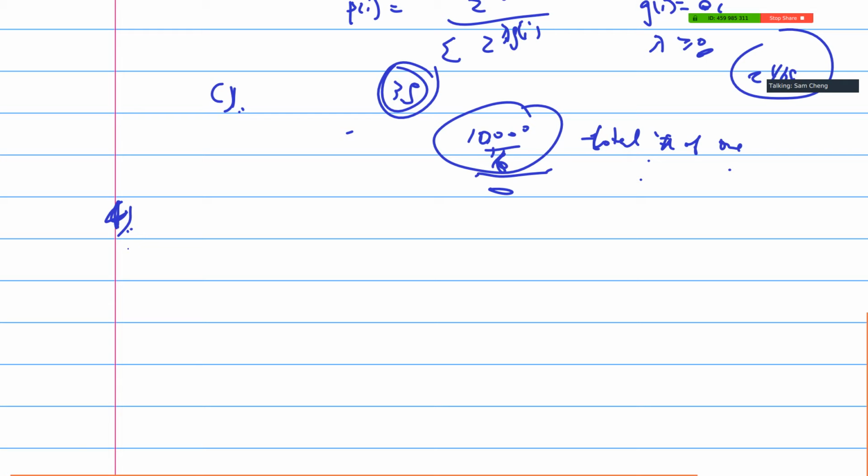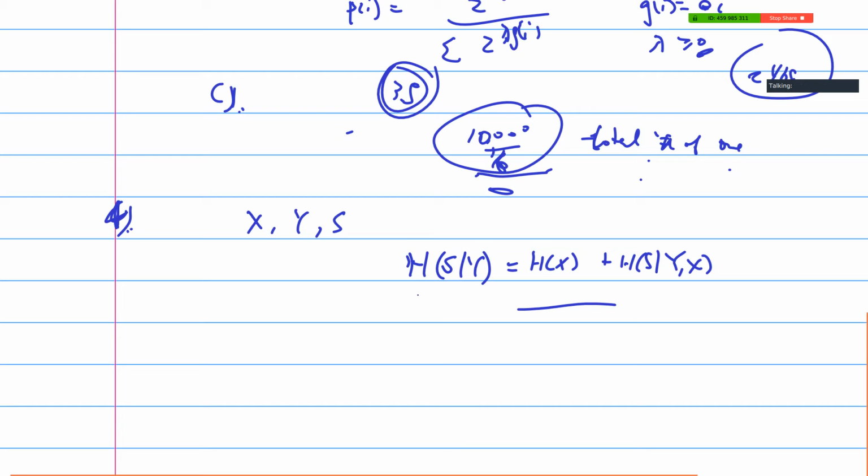Basically, the question is that he has some random variables x, y, and s such that H(s|y) = H(x) + H(s|y,x) is satisfied. He asked me under what condition this will be satisfied.